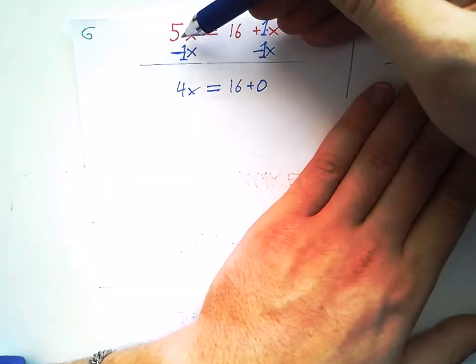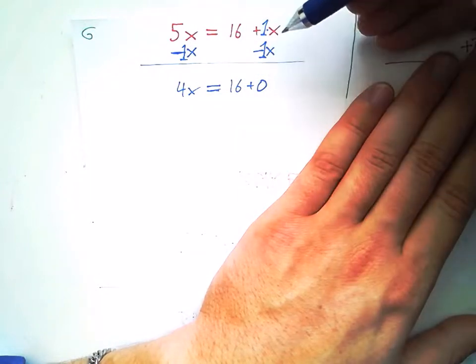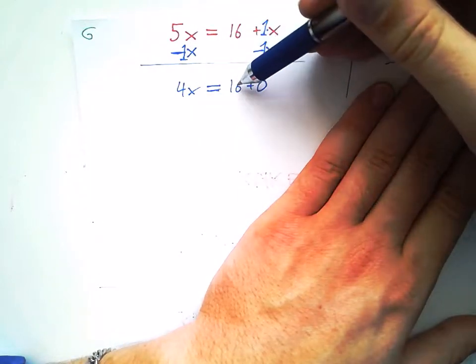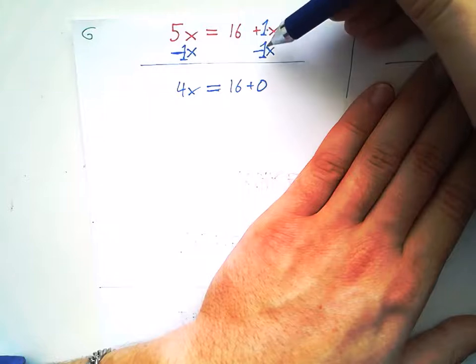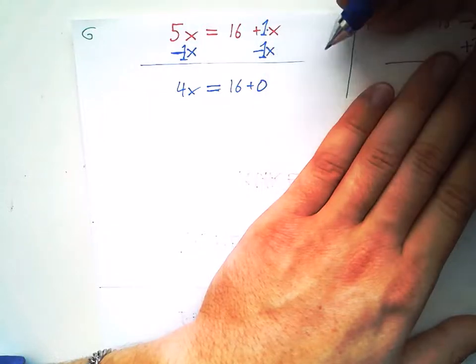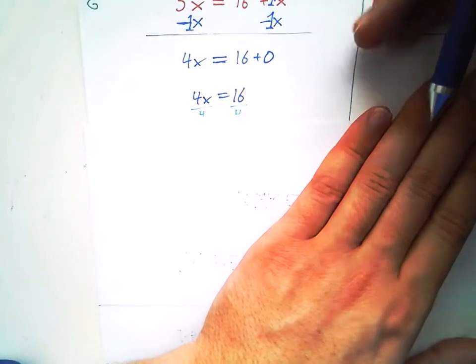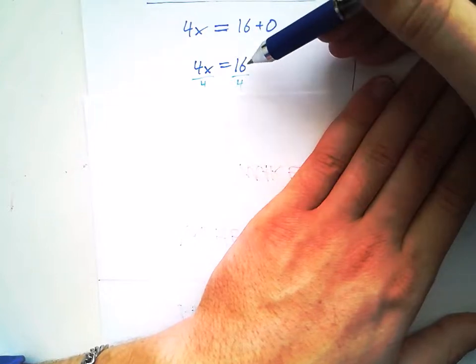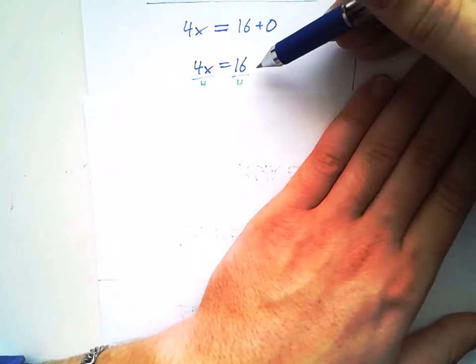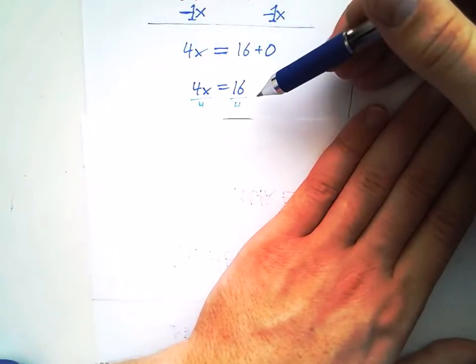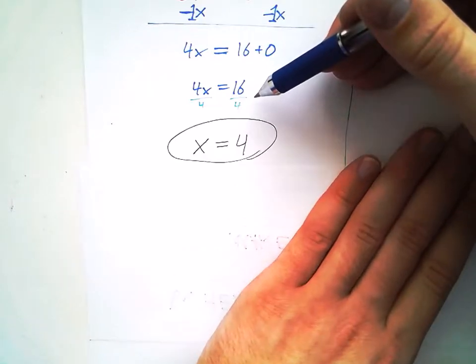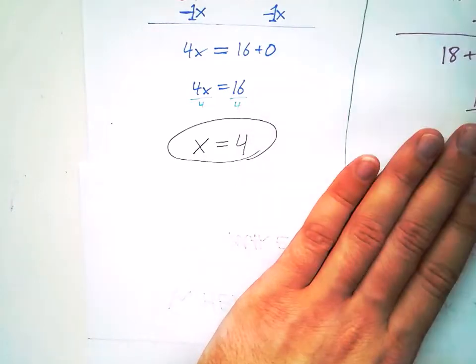So I got 5x minus x is 4x. 16 just stays there, and x minus x is 0. So then I can do just like I was on the other side, divide both sides by 4, and get x equals 4.